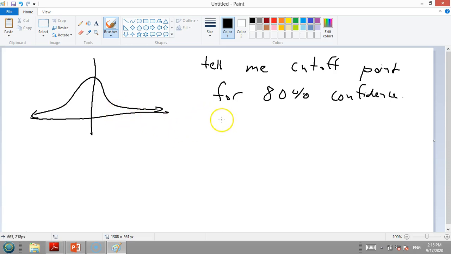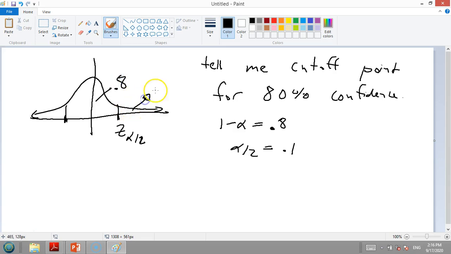Well, that means 1 minus alpha is 0.8. Alpha over 2 is 0.1. And so I'm interested here in Z alpha over 2. I'm interested in this cutoff point, and the other one is the same. So the area inside, I want it to be 0.8. And the area on the right here, I want to be 0.1, and 0.1 here as well.